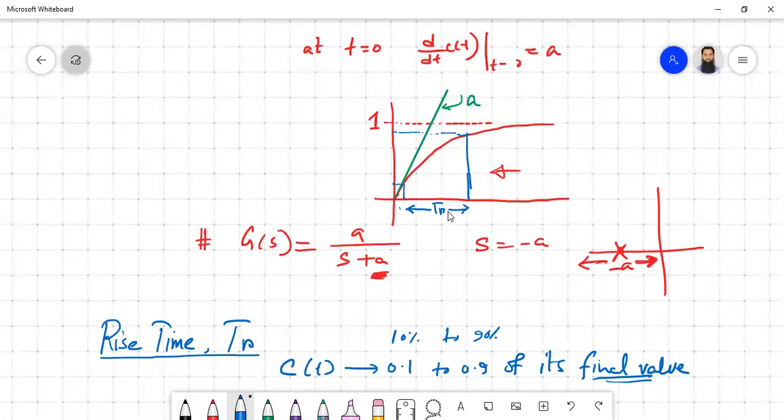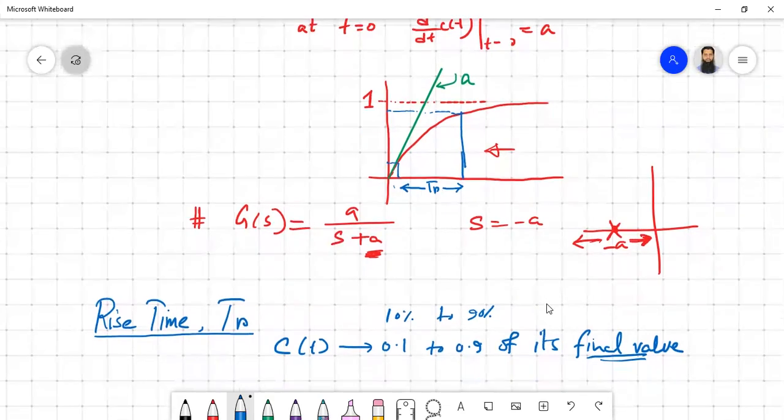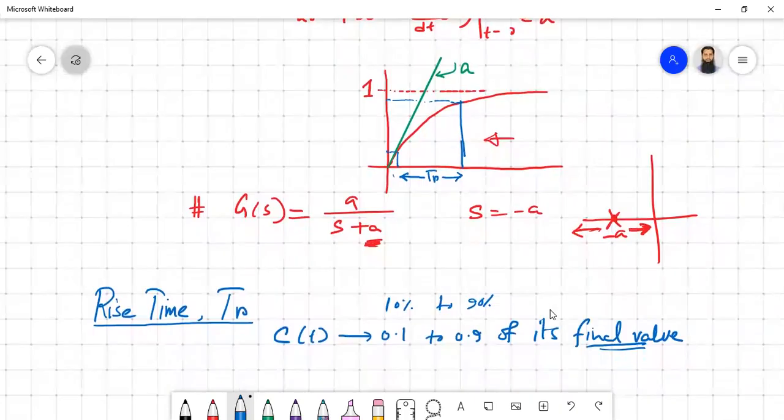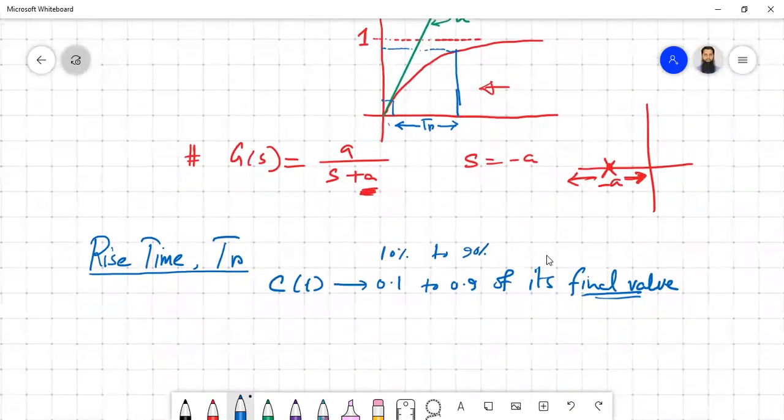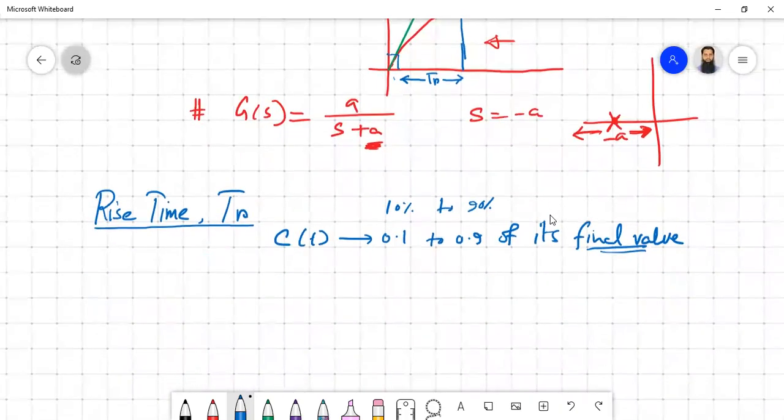So a better definition is 10% to 90% of the final value, how much time it takes. So we are already considering a generalized case, that is C(t), say this is your time T1 here, this is T1 and this is T2. According to the definition, your rise time is basically T2 minus T1.